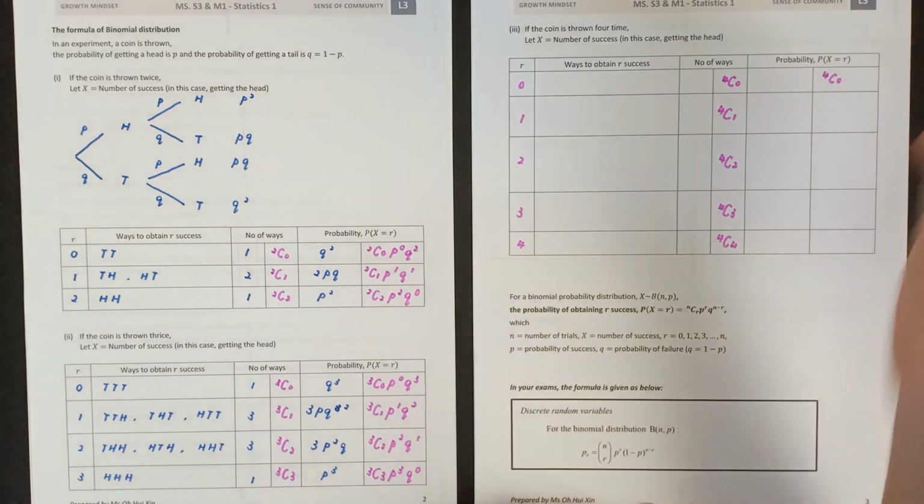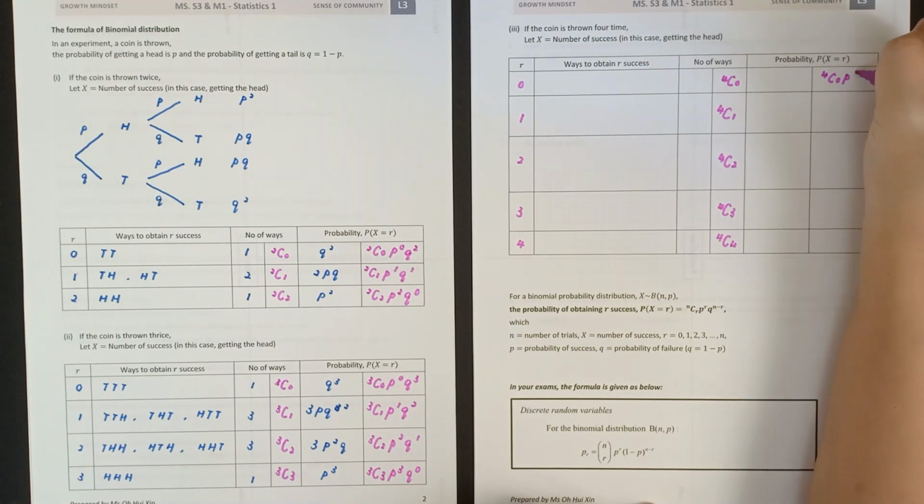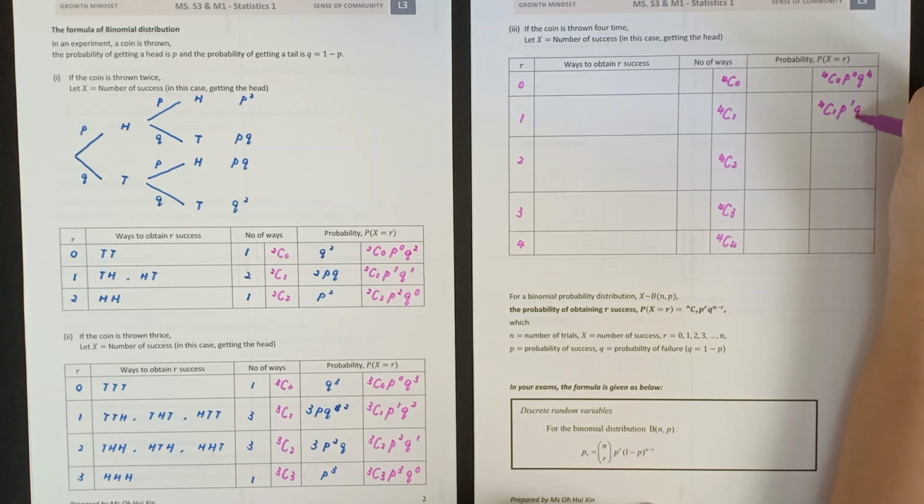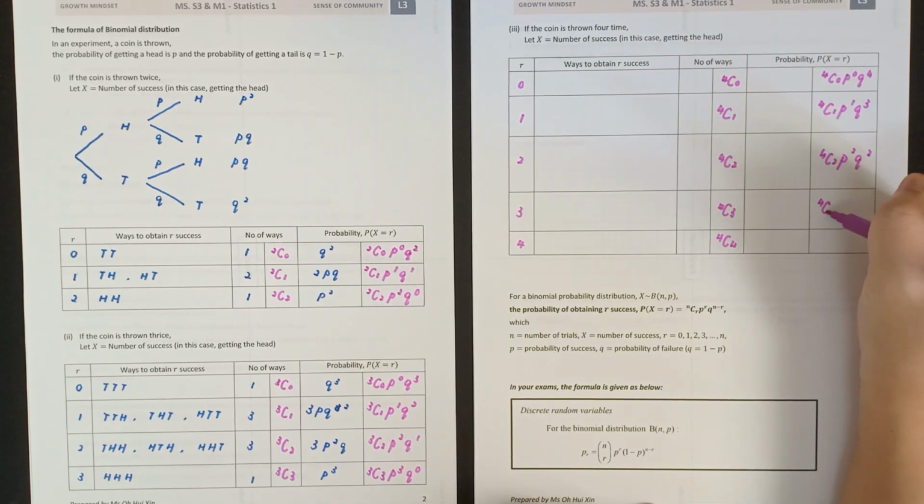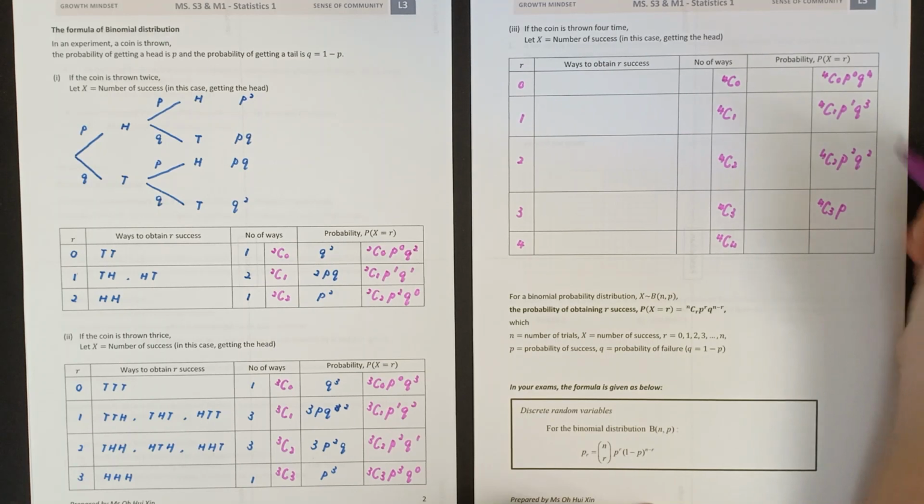So I get 0 success, right? So P0 and then failure will be 4 times. So 4C1, probability for me to get success is 1 time and then 3. So 4C2, success 2 times, failure 2 times. So 4C3, success 3 times, failure 1 time.